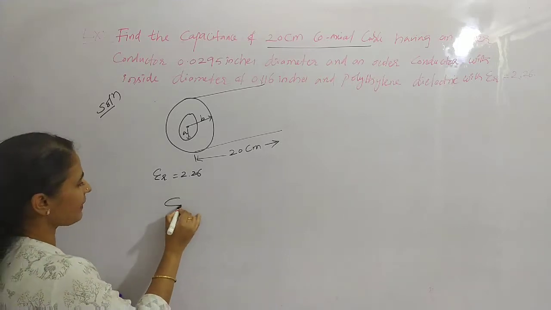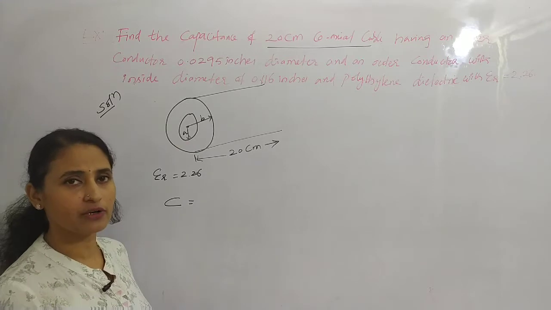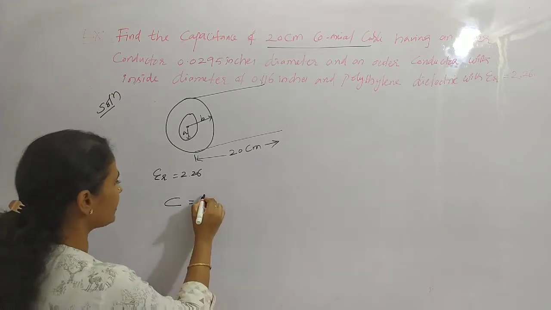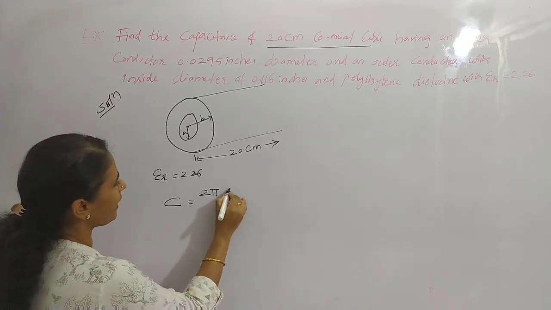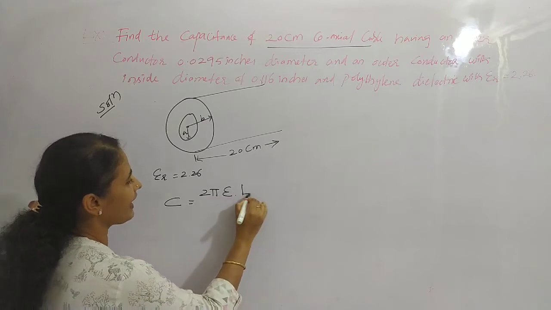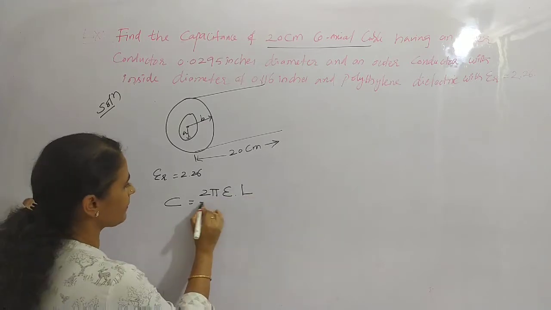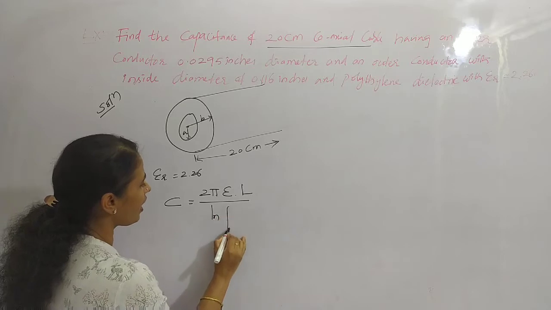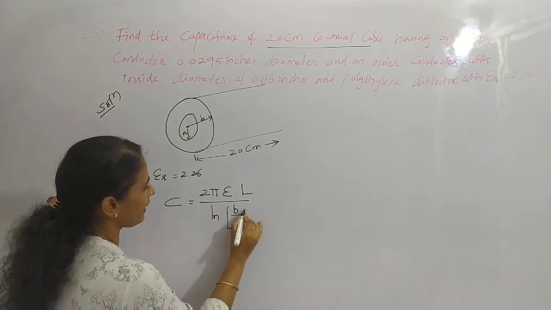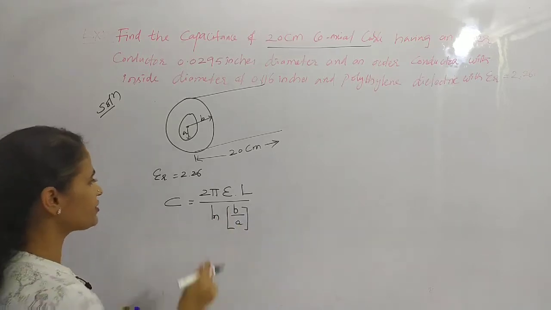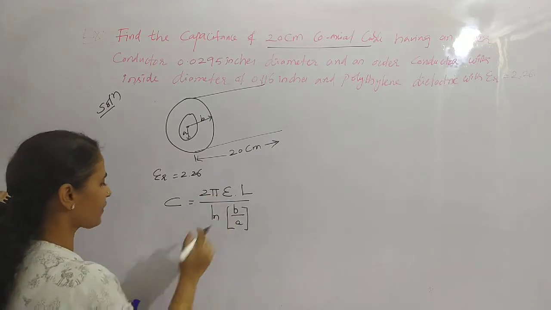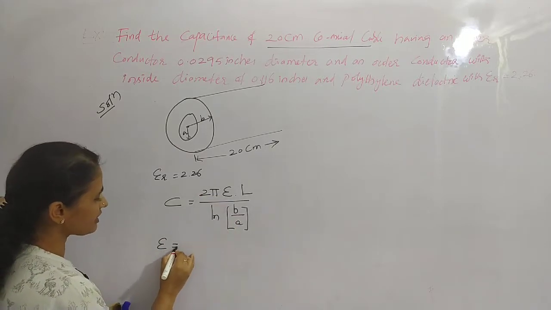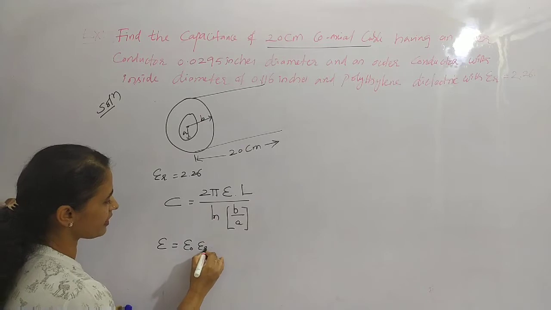Now, what is the capacitance of the coaxial capacitor which we derived in the last class? 2 pi epsilon L by log of B by A, out of which 2 pi is a constant. What is epsilon? Epsilon is nothing but epsilon naught times epsilon r.